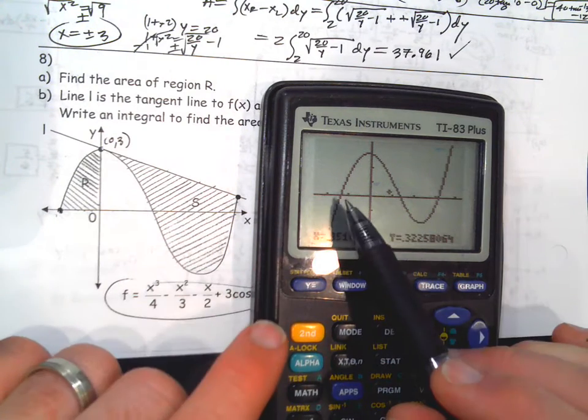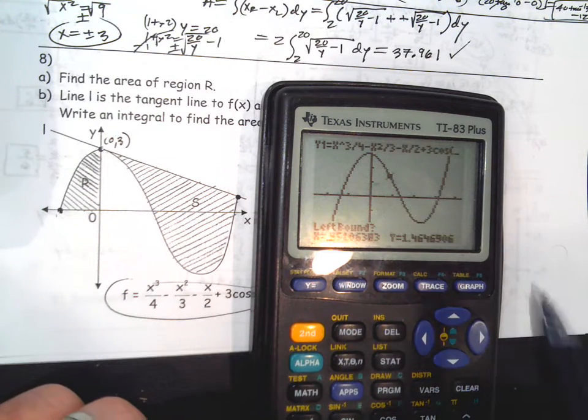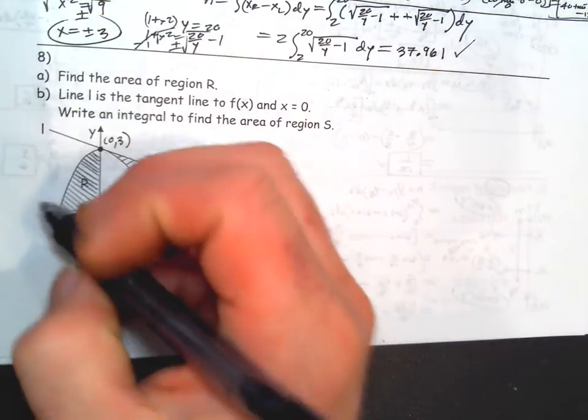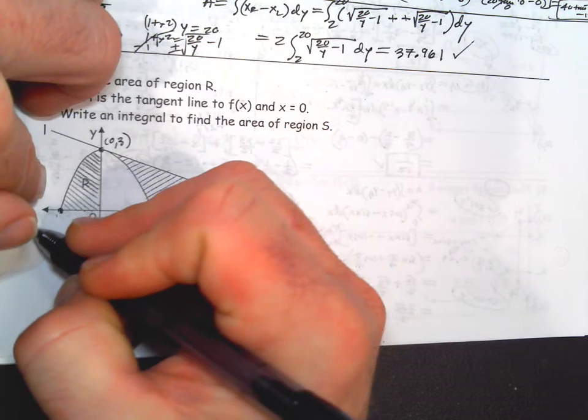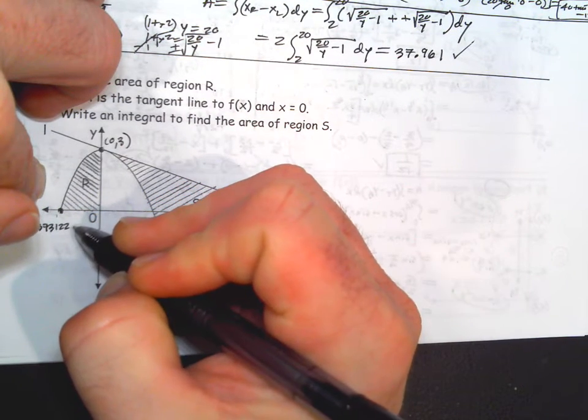But we got to find this x-intercept. That's easy on a calculator. Second, calculate zero. It looks like it's between -2 and -1. I guess -1.5. Okay, let's write that on here. -1.373122, comma.